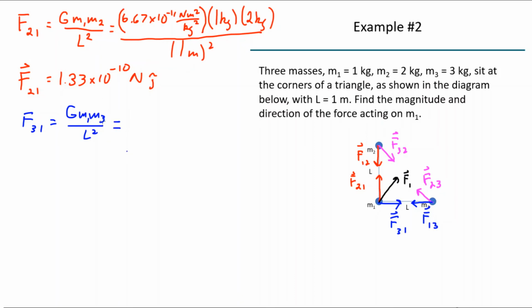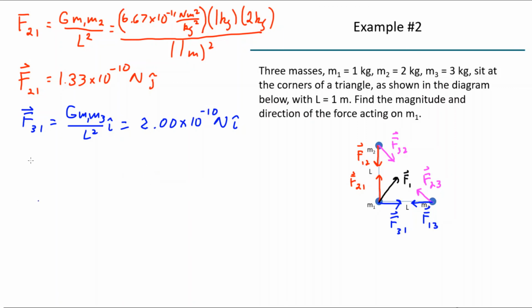And when I plug my numbers into that, I find that this equals 2.00 times 10 to the minus 10 newtons. And my direction for F31, well, it just points to the right in the positive x direction, so I'll call this i hat.